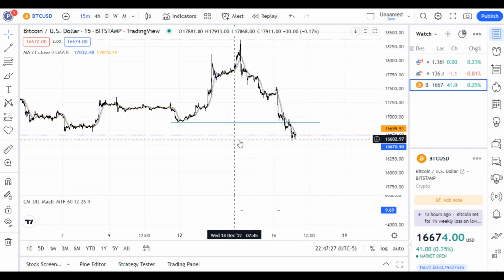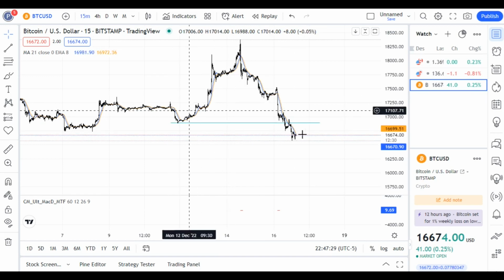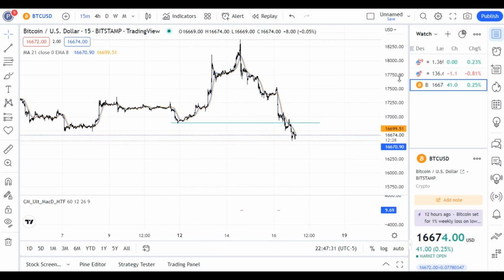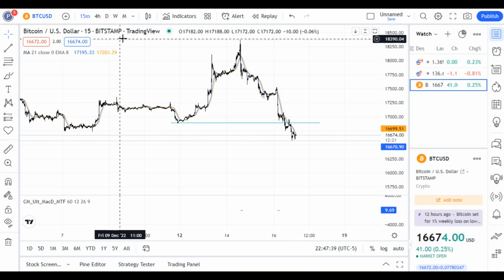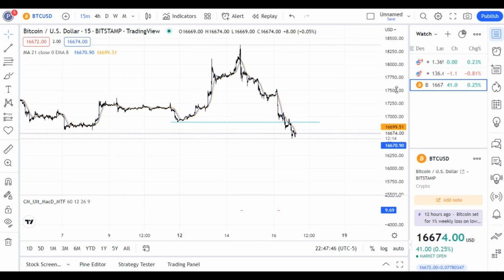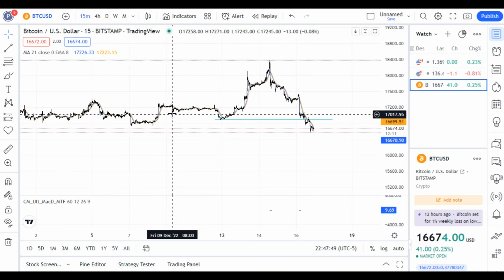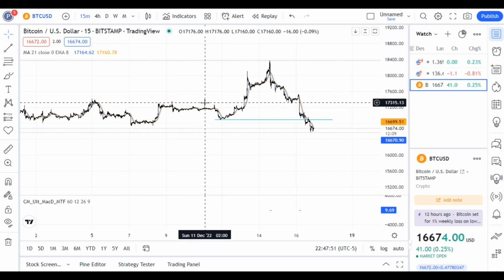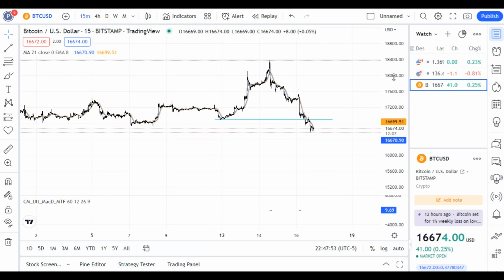Because we don't actually trade the smaller time frames, without wasting much time, let's go to the bigger time frames such as the 4 hours, the daily and the weekly. There is a lot of noise in the smaller time frames. If you don't have a correct strategy on how to trade them, you will end up making money and losing it the same day or a few days after.